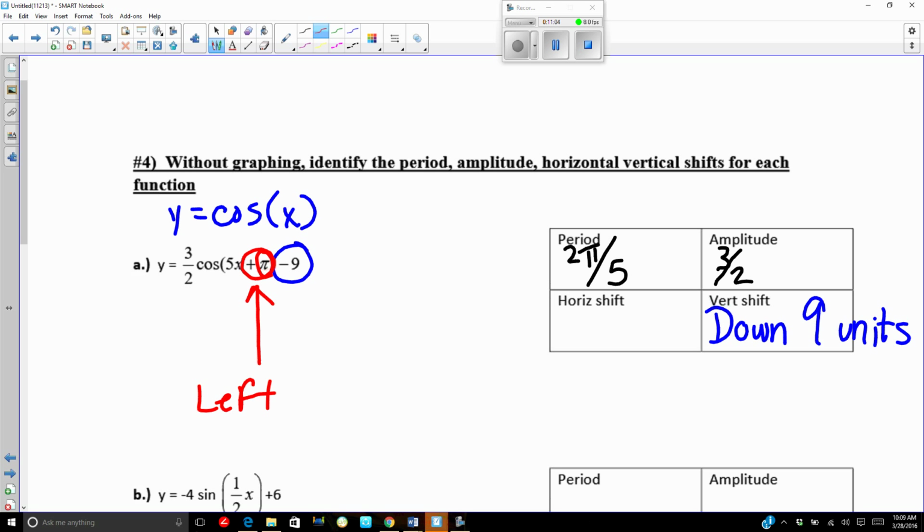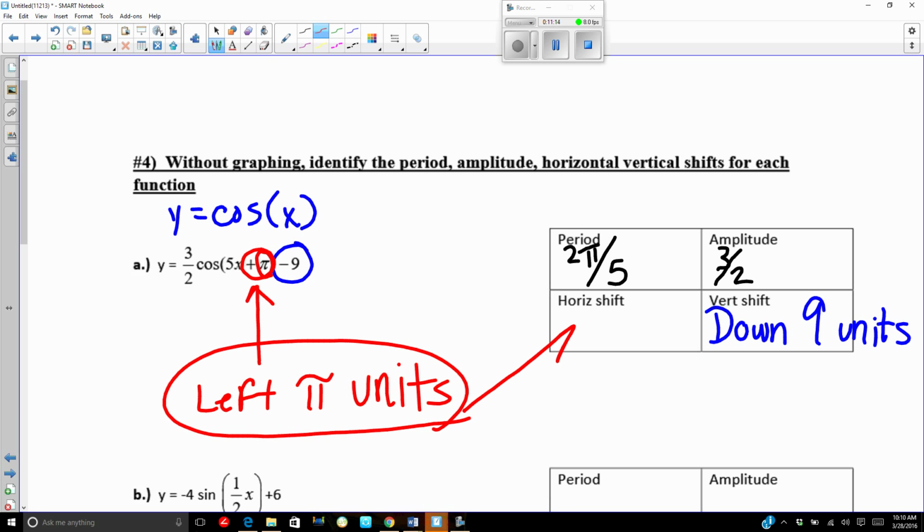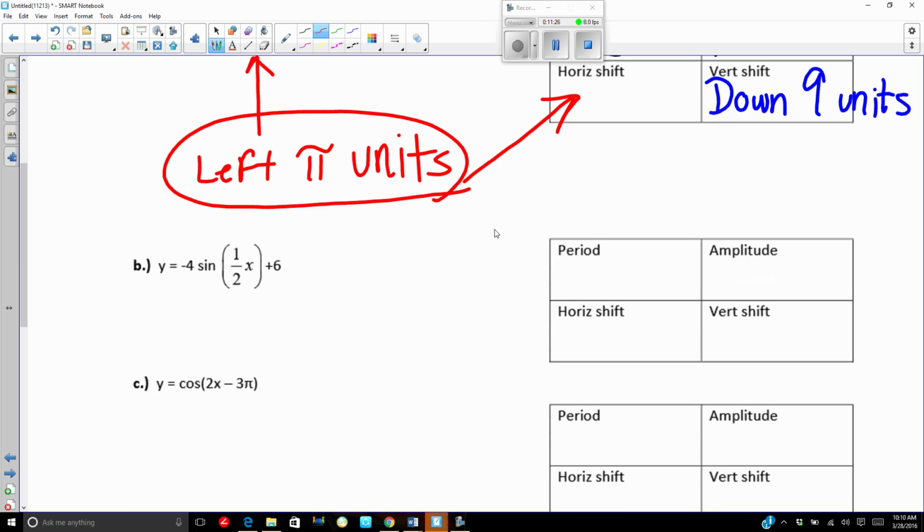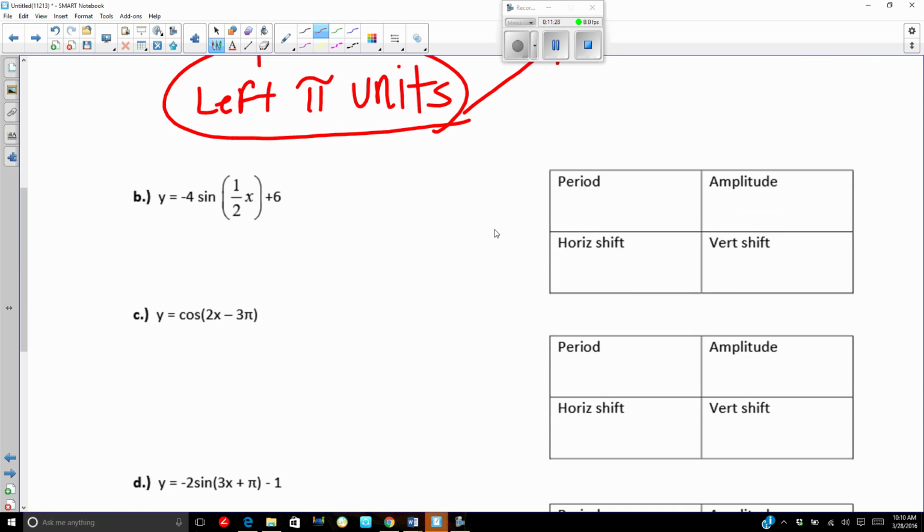So if you see a positive sign in there, we're actually shifting left pi units. And that's what should go in this horizontal shift box. If we saw a negative sign in there, it would shift that whole graph to the right that amount of units. If you haven't already, try B, C, and D. Try these on your own. Make sure you're trying them by yourself before I give the answers.